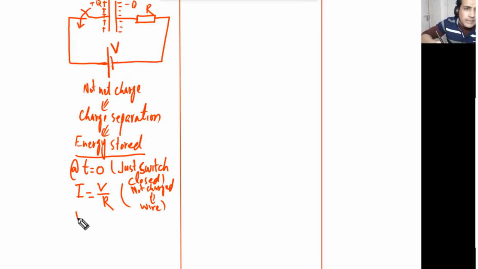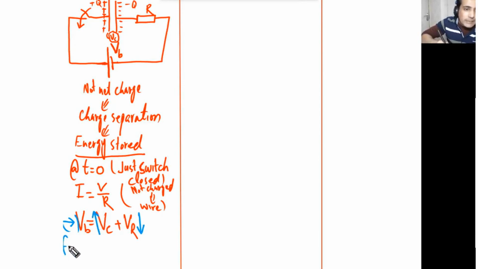So how can we understand that? Let's say this is the voltage of the battery, and the voltage across these plates is equal to Vc, the voltage of the capacitor. At any time, VB has to be equal to Vc plus VR. As time is passing, the voltage of the battery is not changing, but the voltage of the resistor will go down and the voltage of the capacitor will go up.